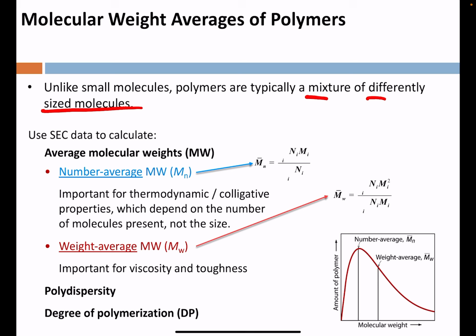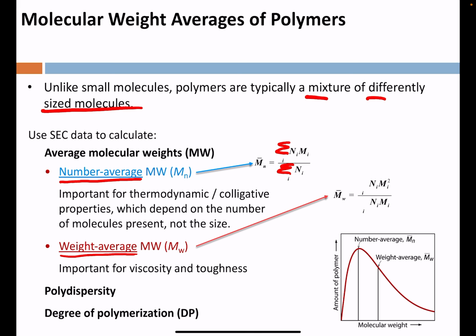So in order to determine and report molecular weight, we use the number average and the weight average molecular weight according to the following formula. The number average molecular weight is the sum of the number of molecules of mass i times that mass i, all divided by the sum of the total number of molecules.